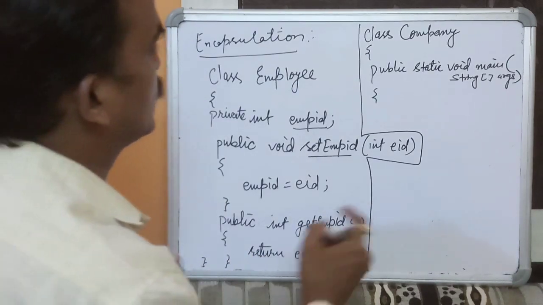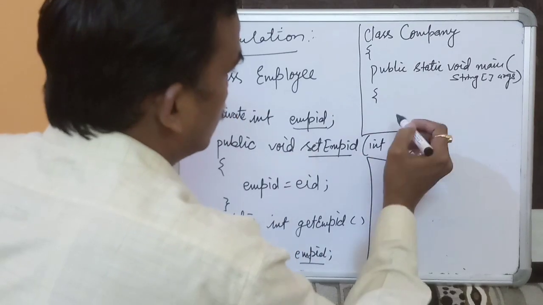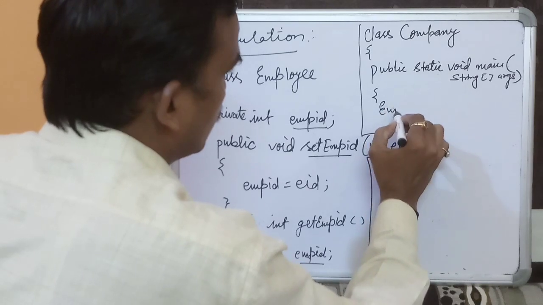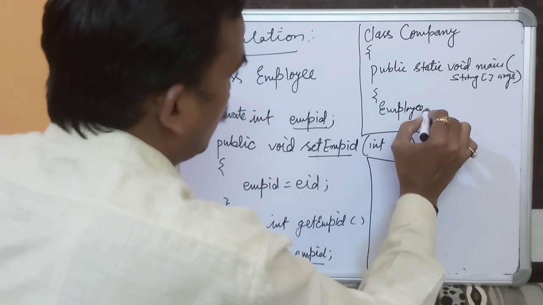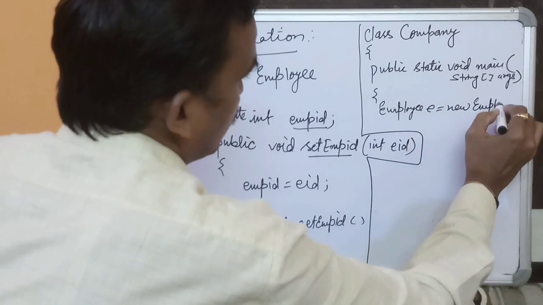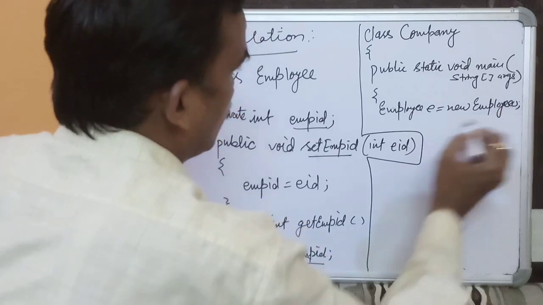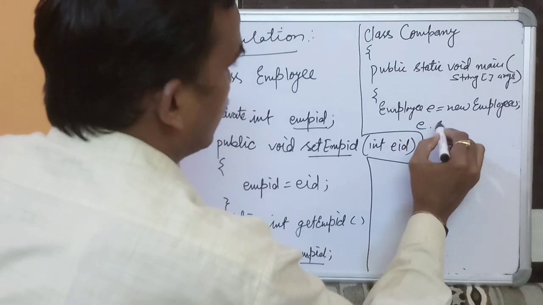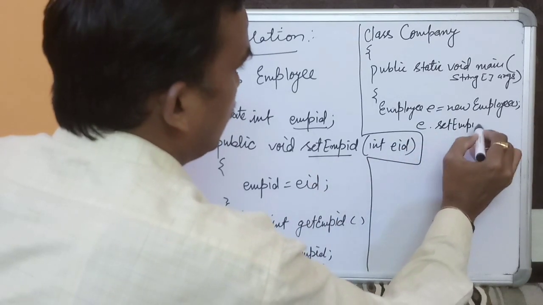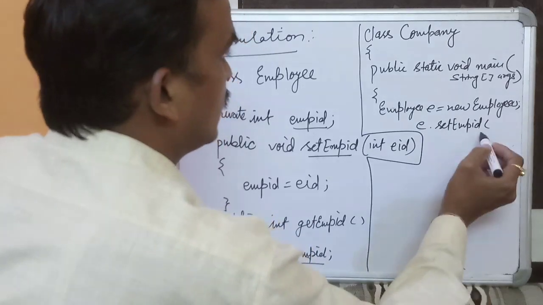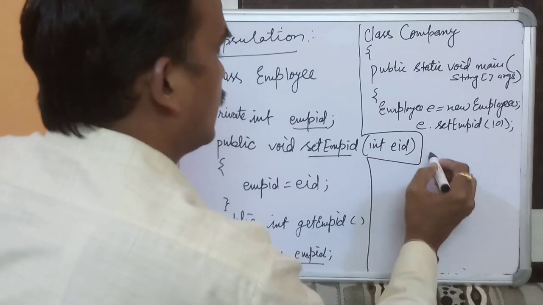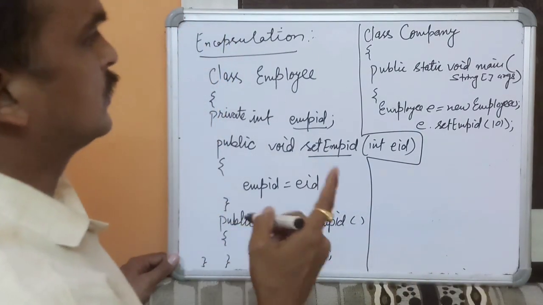First we create the object: Employee e equals new Employee, and e dot set empid, we call this method. Here we pass the value 101 for this method.